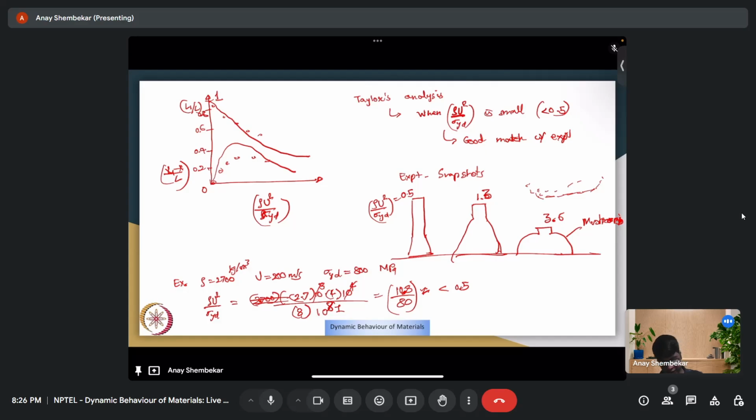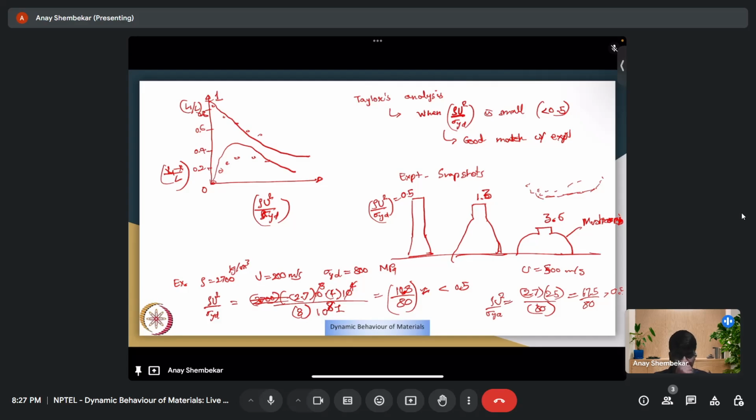If for whatever reason we decide to raise the velocity to 400, say 500 meter per second, then you would have 2.7 rho u square by sigma yd, 2.7 into 25 upon 80, which is just 67.5 upon 80, which is sufficiently greater than 0.5.